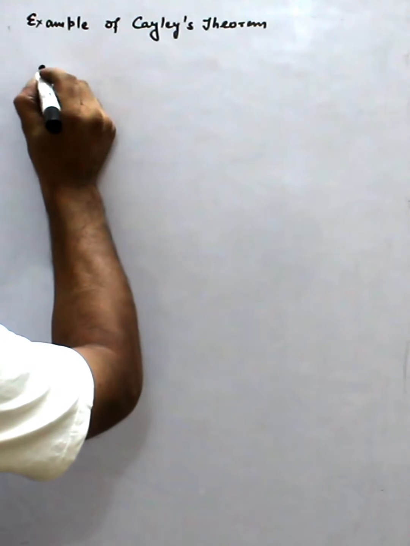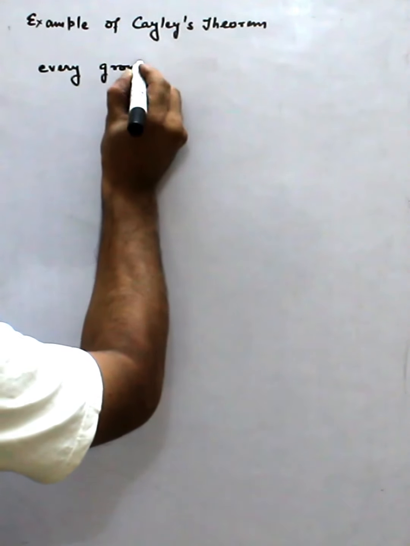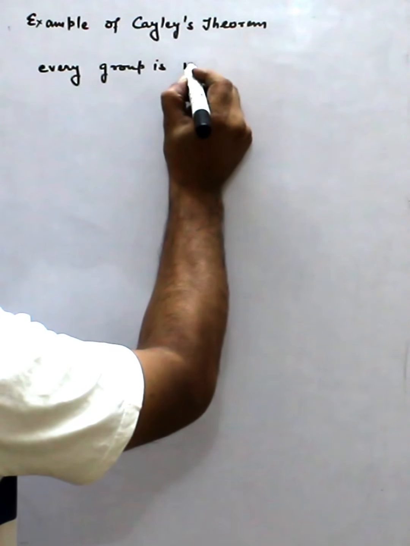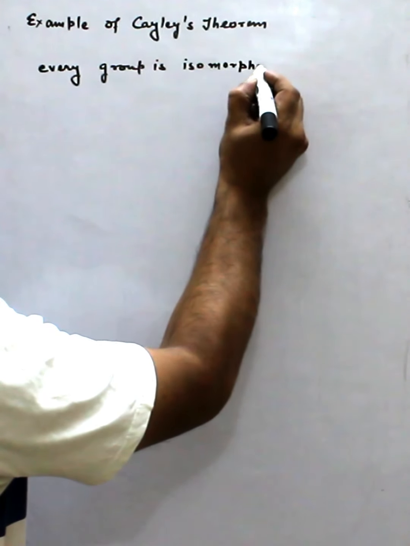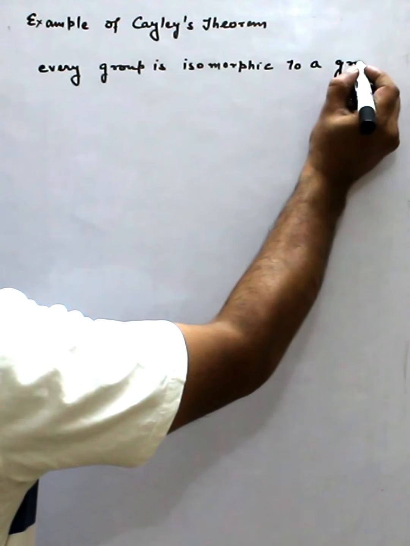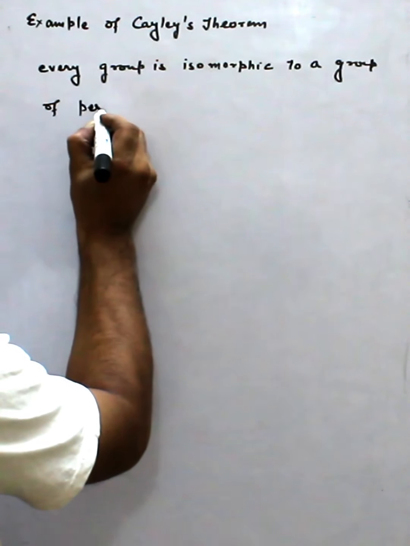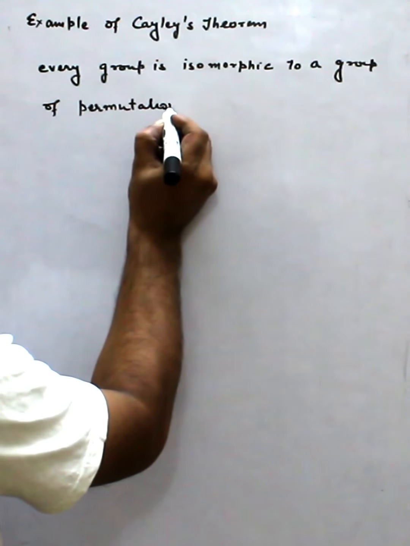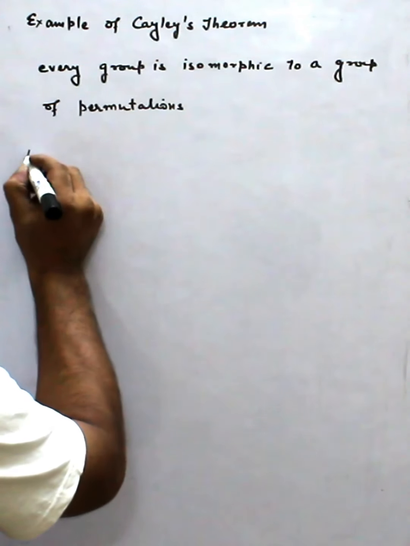Every group is isomorphic to a group of permutations. This is the statement.